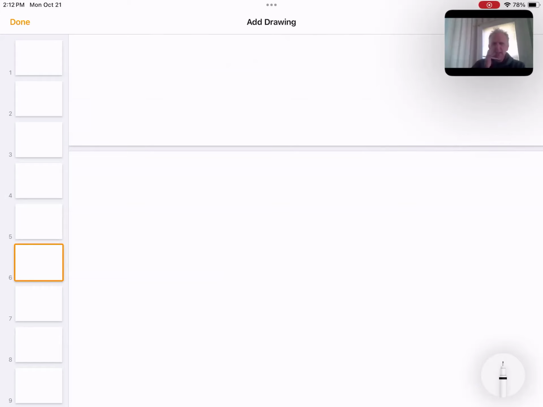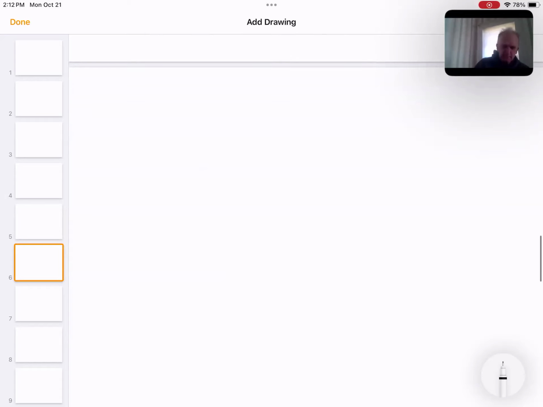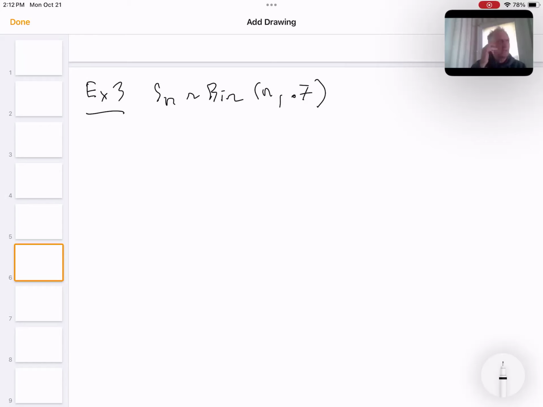Okay, so say for the third example, say we have Sn binom, with n as a variable now, and 0.7. You could see how when n got bigger, it got less and less likely that something weird would happen.